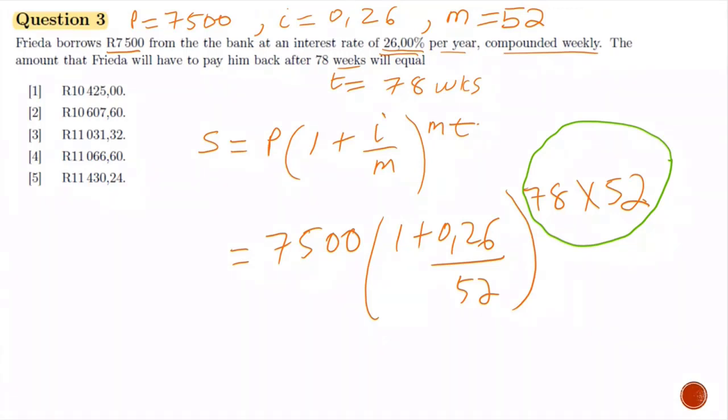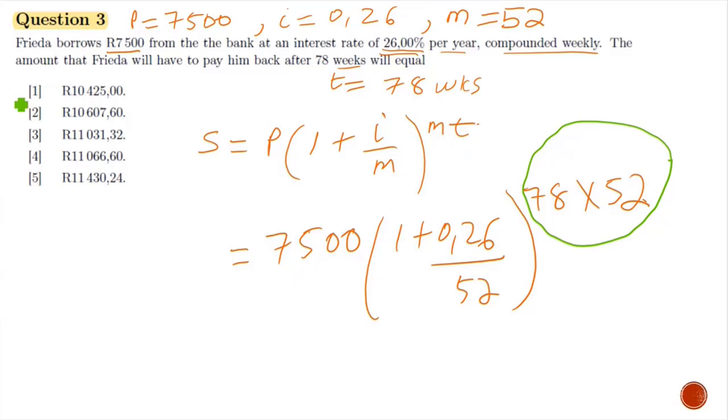And maybe why? I think no. Why? It's correct, but it's not correct. When you substitute in M multiplied by T, M is 52, while T is 78. So you must interchange them. It's like we substituted M is equal to 78 in the formula.